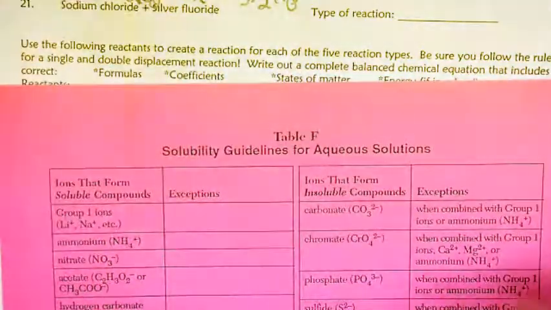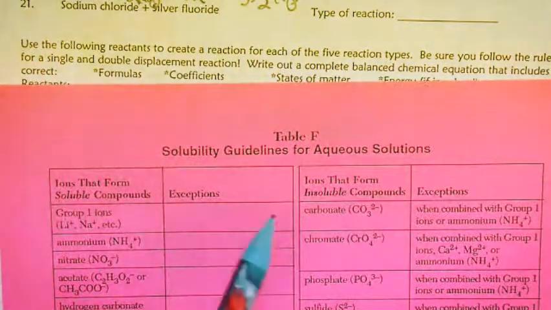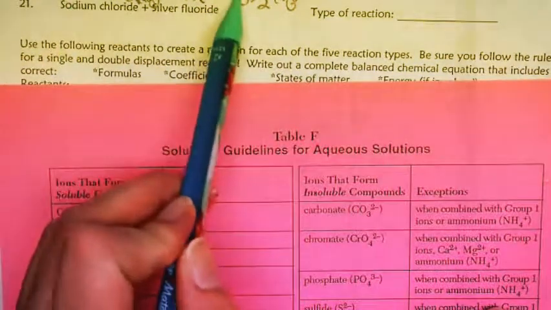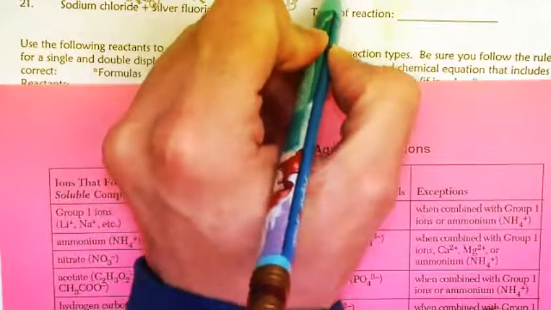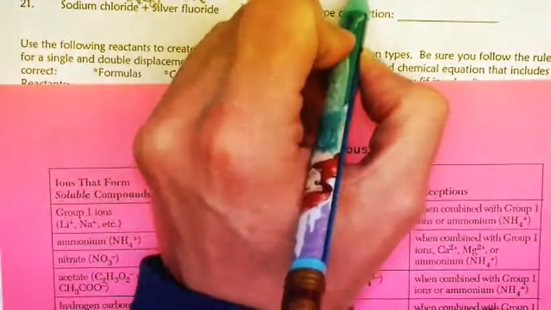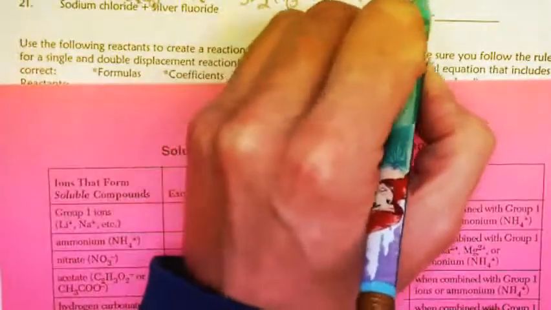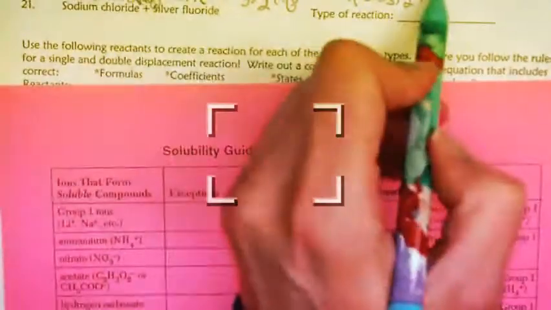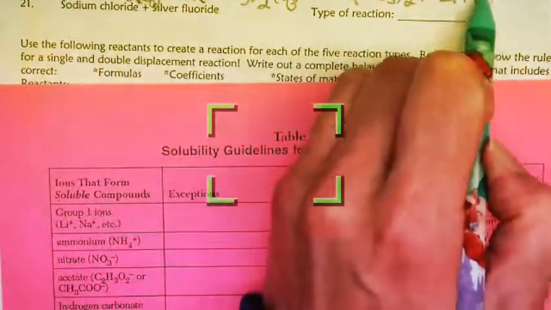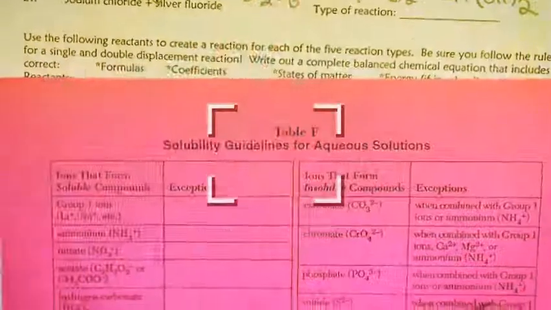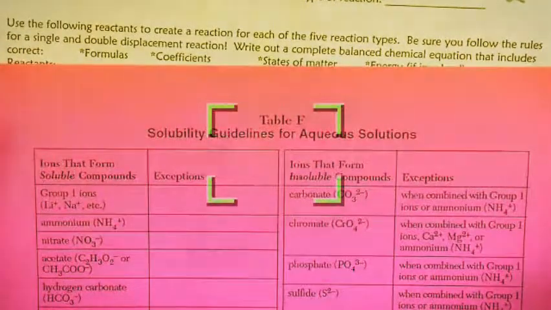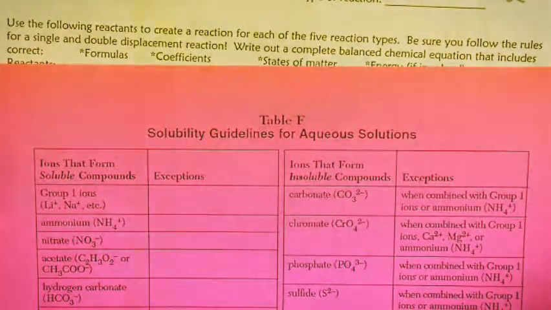And so once again, the cation of the one goes with the anion of the other. So this is my cation, this is my anion, so barium chlorate would combine together. And then the zinc and the hydroxide would go together. And then we have to also make sure that we form an aqueous and a solid.